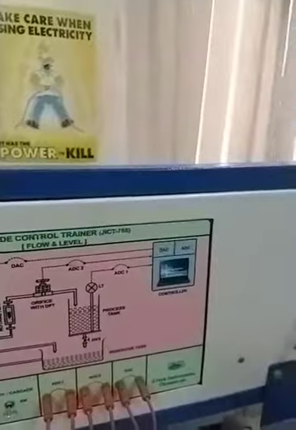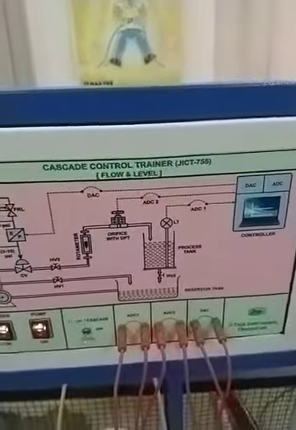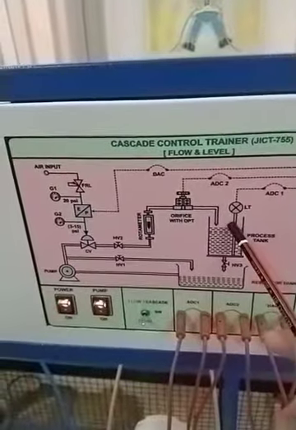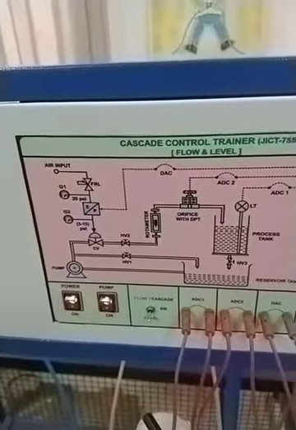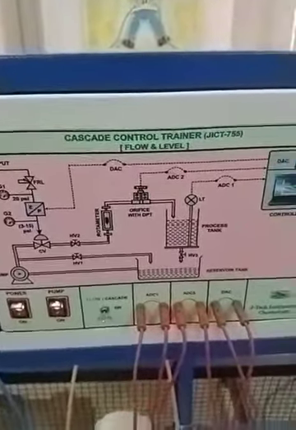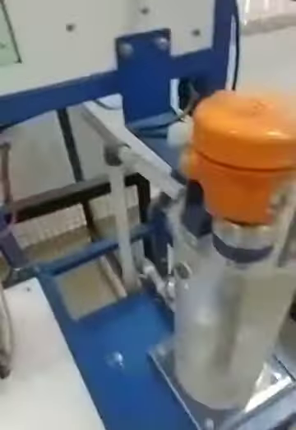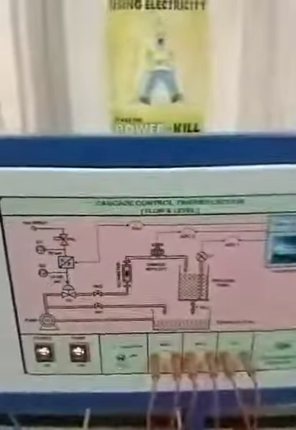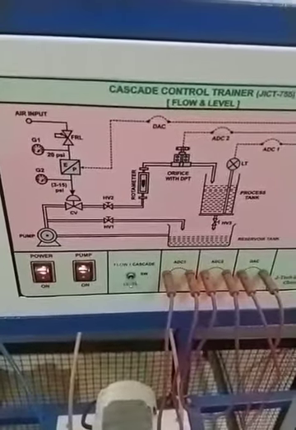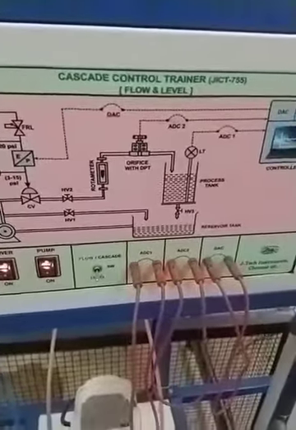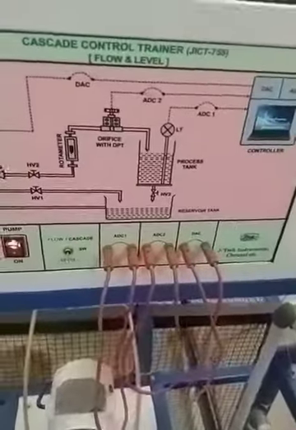So I have to switch on the pump because the pressure of the pump has to be maintained, and only then the valve will open, otherwise valve will not open. Otherwise what will happen is that this level will keep on going down because the valve is not open. I had switched off the valve for the time being because I wanted no noise of this over here.